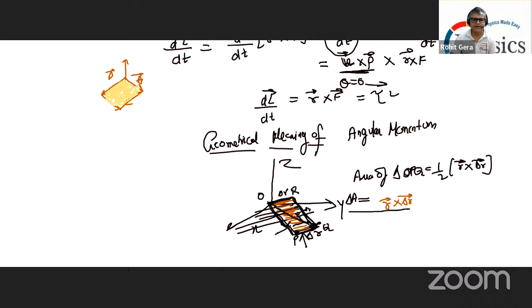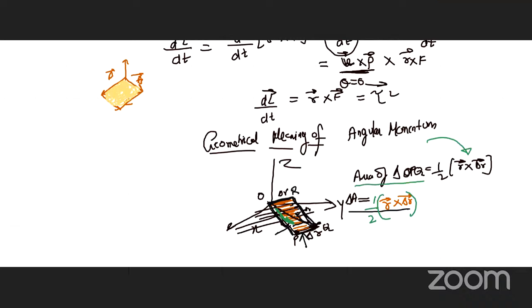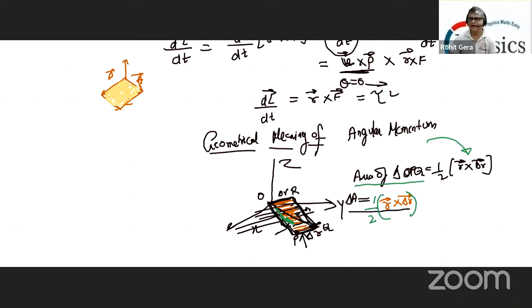Therefore, the area of the triangle OPQ, the left triangle which I am marking in green, is half of the area of the parallelogram. So delta A, the area of the triangle, is half of the area of the parallelogram. Now, delta R is the change in position in time t.